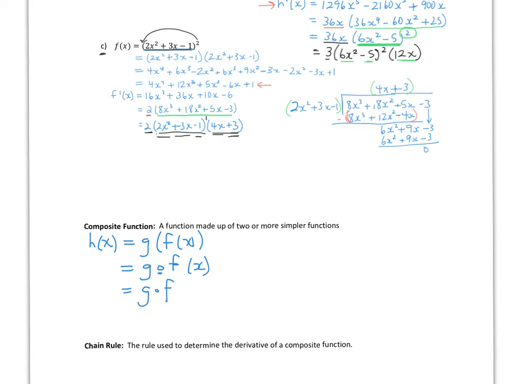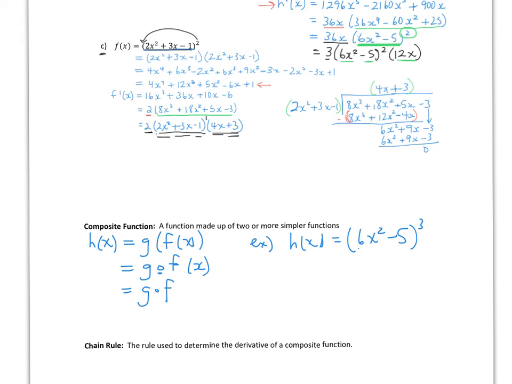All right, so for example, if I look at part B here, we had h of x being equal to bracket 6x squared minus 5 all cubed.